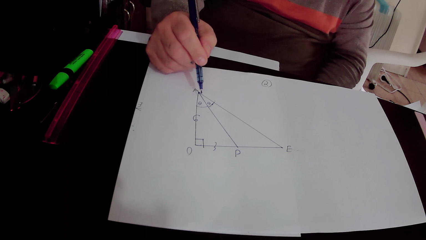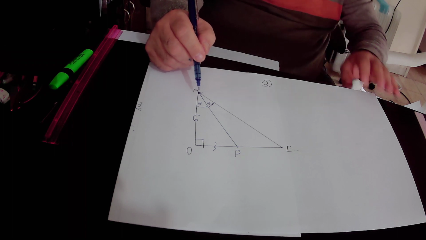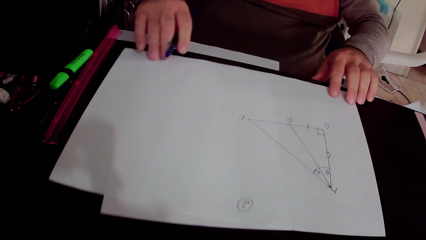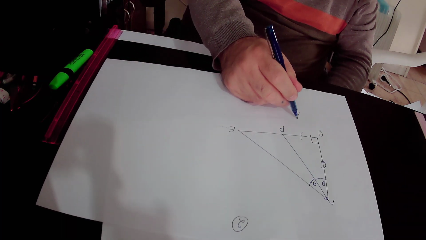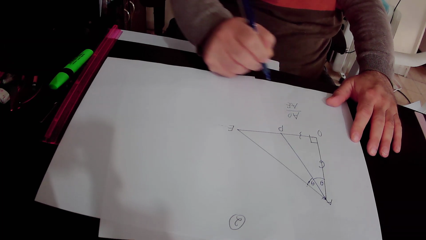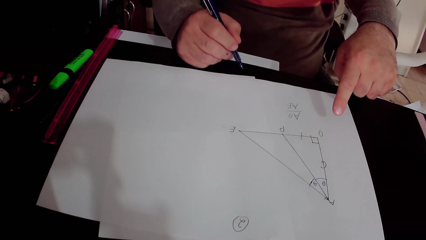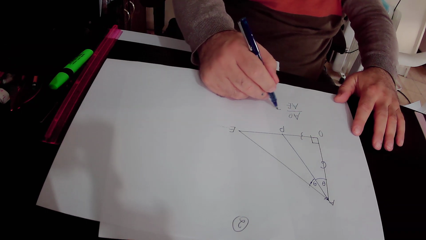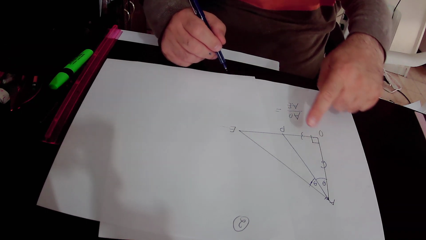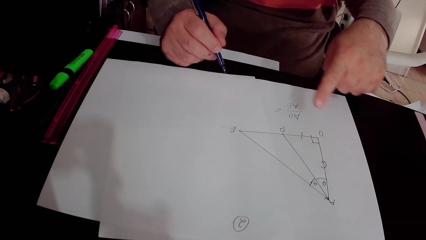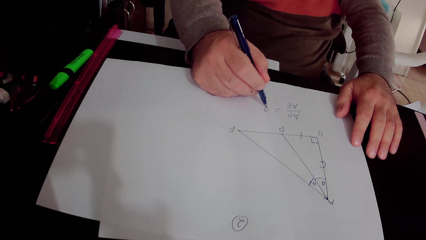So according to the angle bisector theorem, we will get that AO over AE, that is actually the ratio between the legs of the angle that has been bisected, is equal to the ratio in which angle bisector AP divides side OE. And the ratio in which angle bisector AP divides side OE is OP over PE.